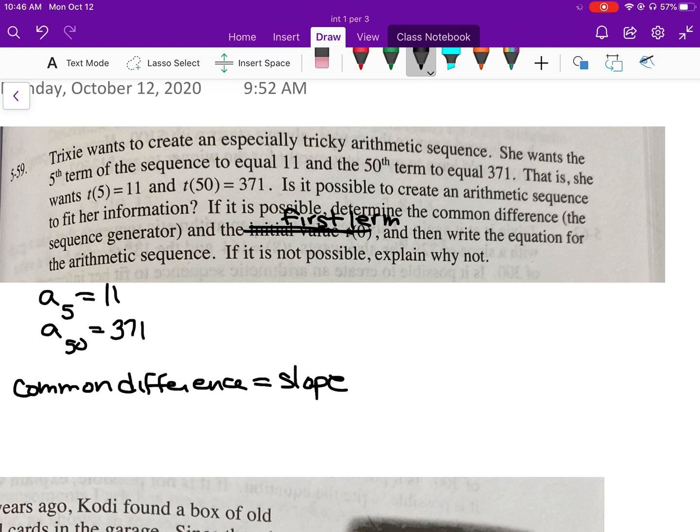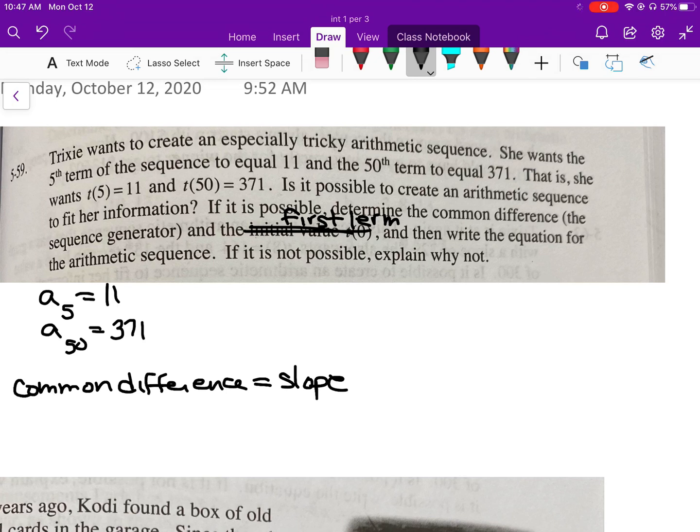Didn't I just show you how to do it as points? Okay, but we would have to find the slope first, right? How would we find the slope? Do you remember? Y1 minus Y2 over. Which of these is our Y's and which one's the X's?